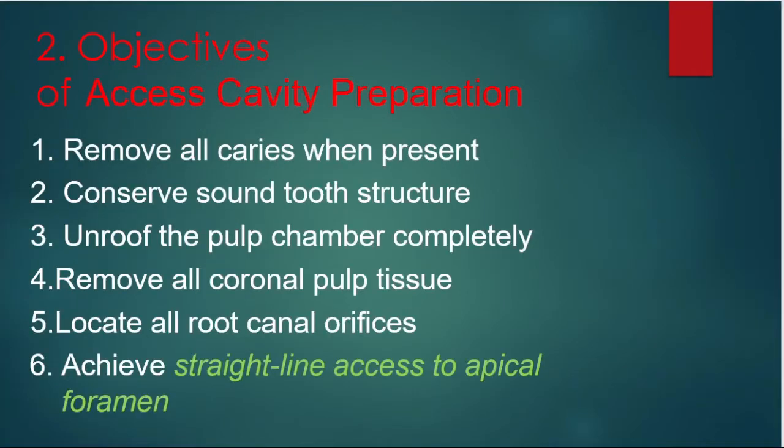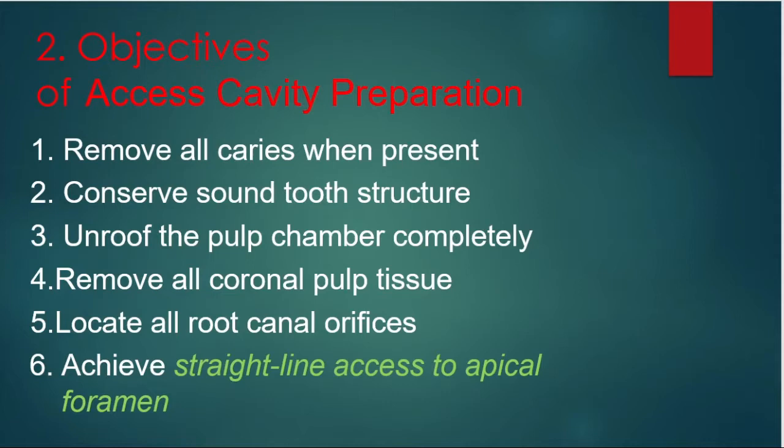Alright, now let's talk about the objectives of access cavity preparation. According to Cohen's, the following 6 points should be provided when we prepare a tooth. Number 1, we should remove all the caries and defective fillings. Number 2, we should conserve sound tooth structure. Number 3, we should remove the pulp chamber roof completely.